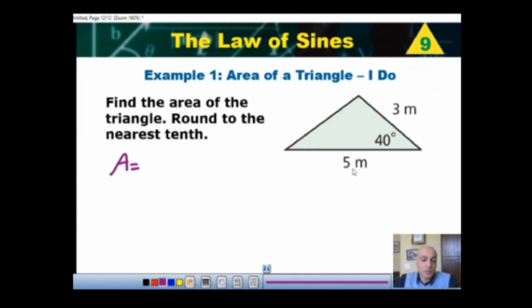If this is true, then maybe we could name this guy little a, and this guy here little b. This has to be C, and this is A. That means it's facing angle A. This is side B, that means B is up here. This is angle C.